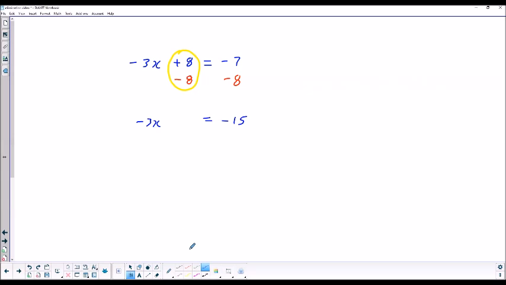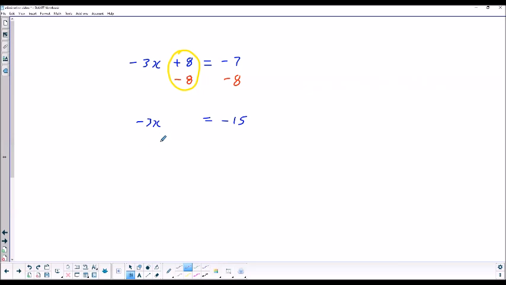Now that I've formed a 0, I want to form a 1, by getting that coefficient of x to become 1, because I don't care what negative 3x equals. I want to know what 1x equals.